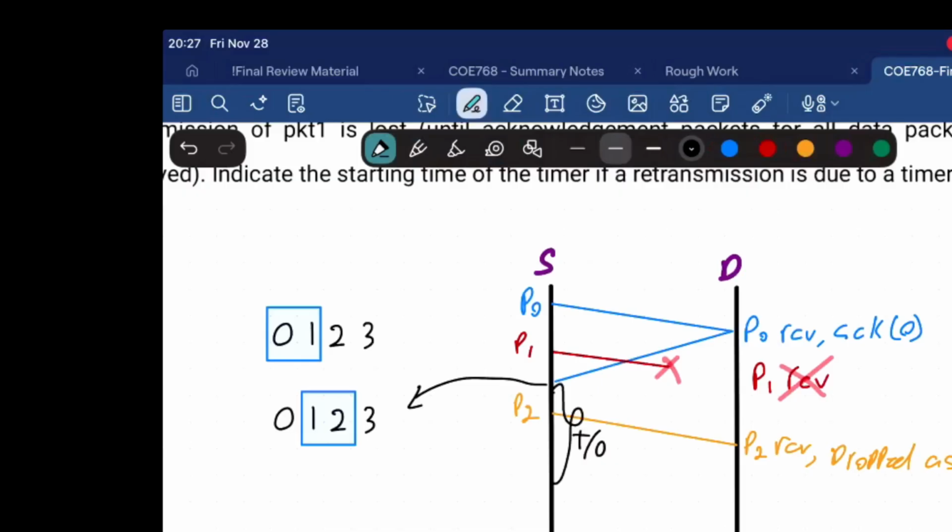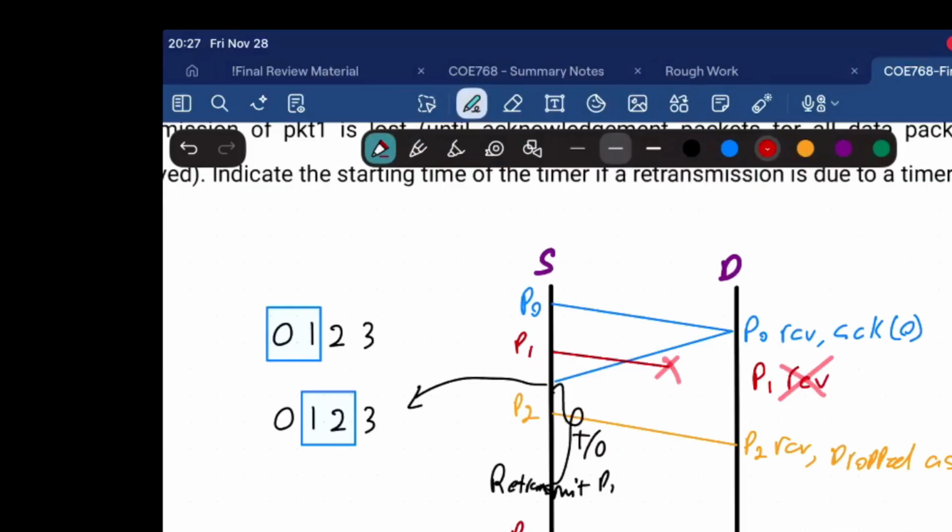And it waits for this time, and if it hasn't received any packets back within this time period, it will retransmit P1. So then we go back to P1 and we start everything all over again. So we transmit P1 again.